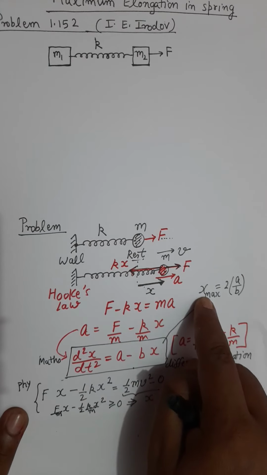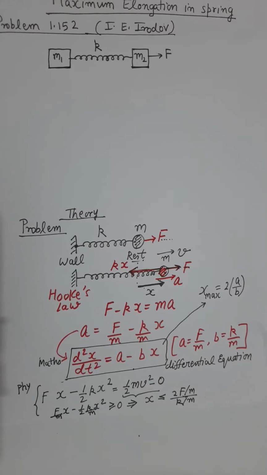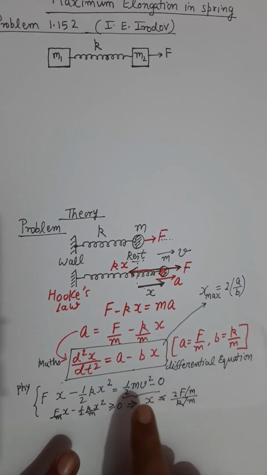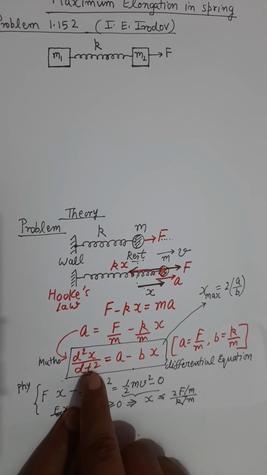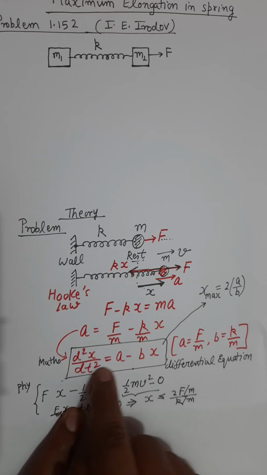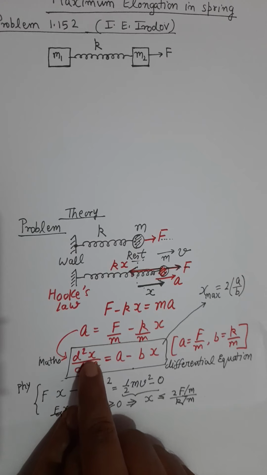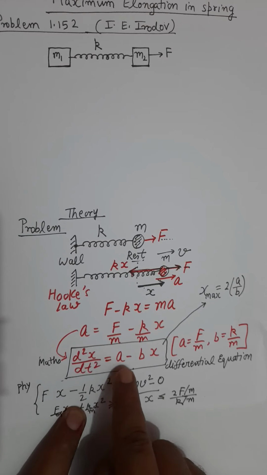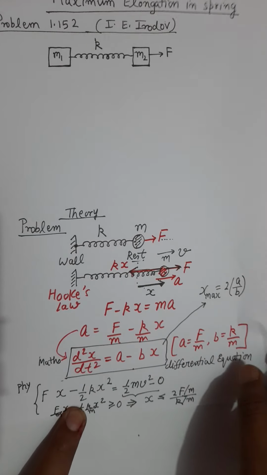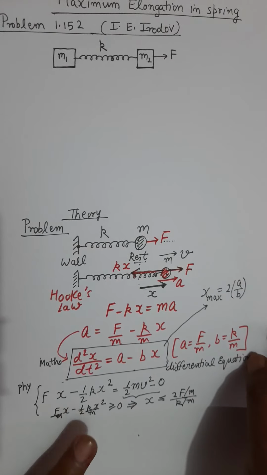So if you know all these concepts, then this problem is now very easy for you. You have to convince yourself that any differential equation which has this form and the variable is x has a maximum value of x equal to twice of A by B. Now I will use this result for this question, or any other question.